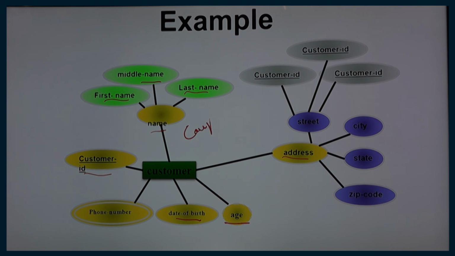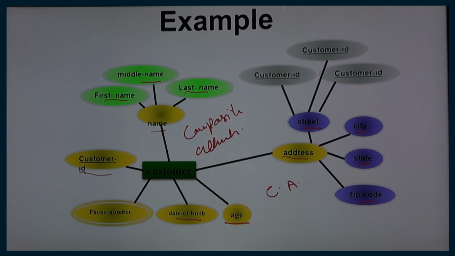These attributes are basically called composite attributes. And on the right side, the attribute address also has multiple attributes. These are street, city, state, and zip. So this attribute is also a composite attribute.